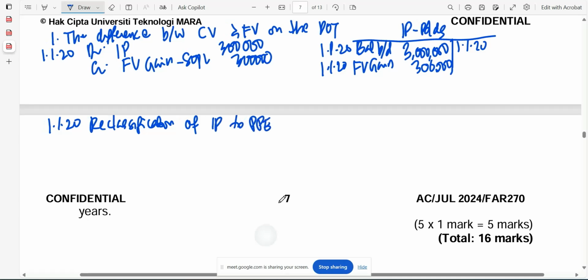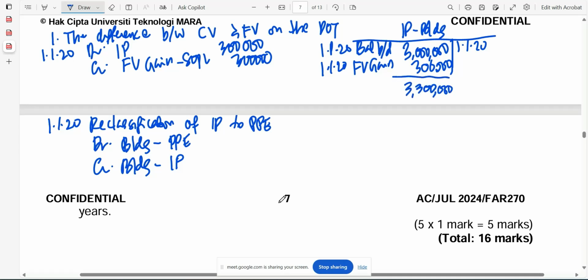So meaning that now you will debit the building as a PPE, and you will credit the building, previously an IP. How much? At the fair value. Fair value given earlier was 3.3. So the total here you can see is 3.3.